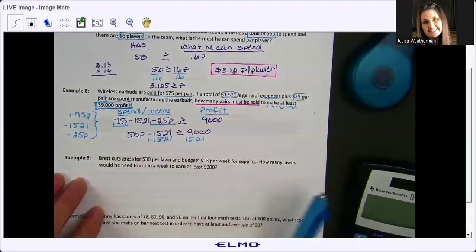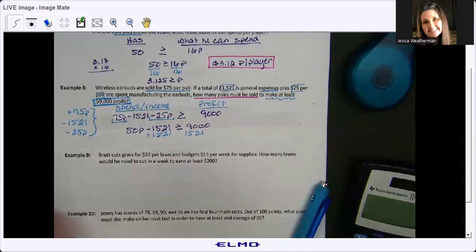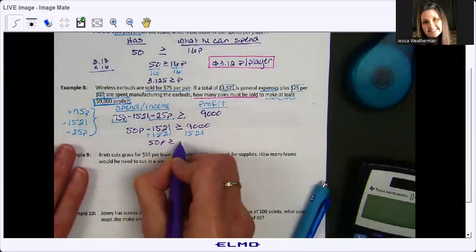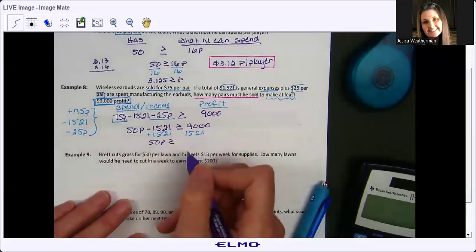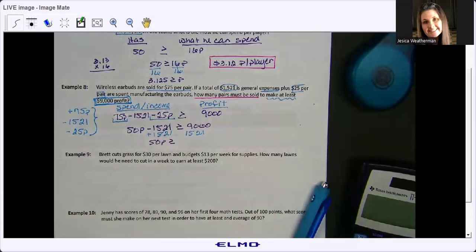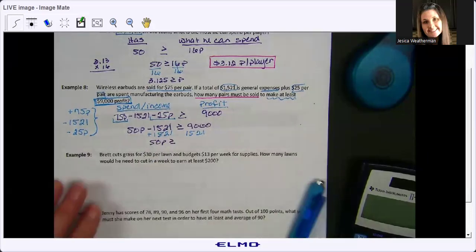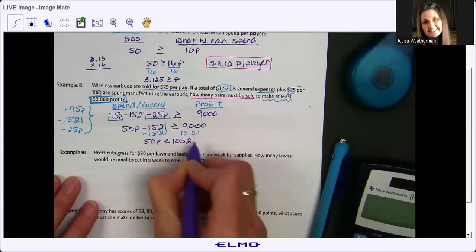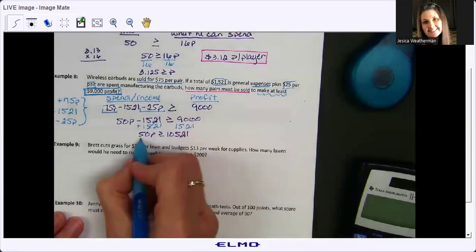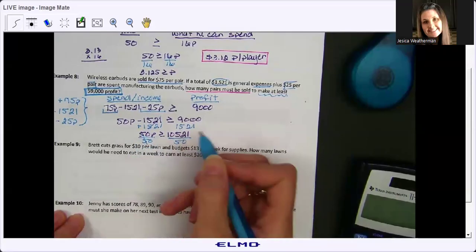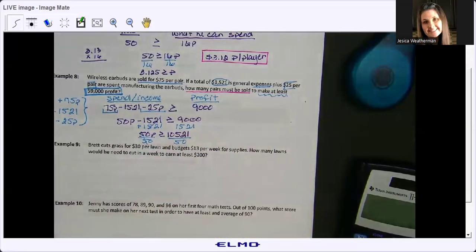And I end up with 50p is greater than or equal to 10,000. You know what? I think I messed up on this. Hold on. Oh, yeah, it's 10,521. Then we're going to divide both sides by 50. Parker, is this what you did? Oh, maybe my calculations are wrong. Let's check.